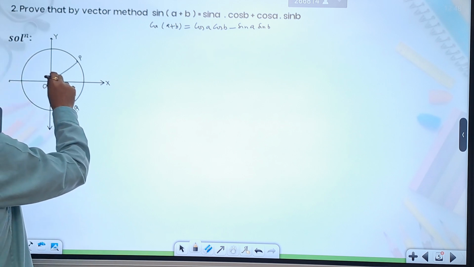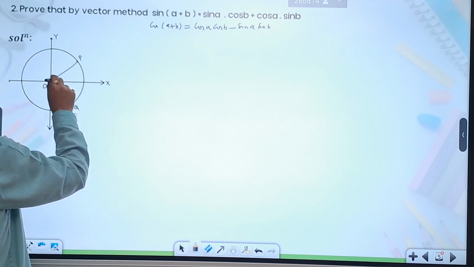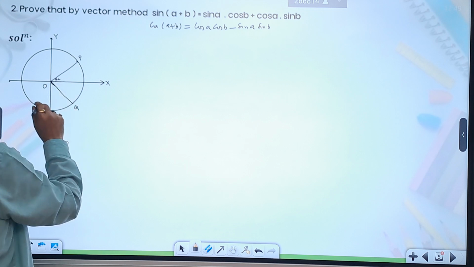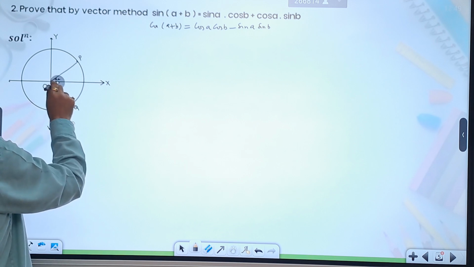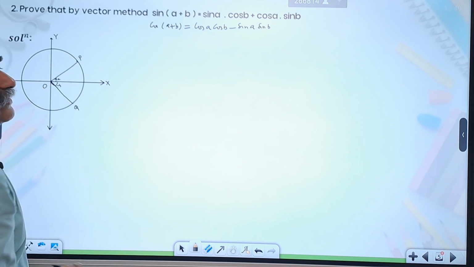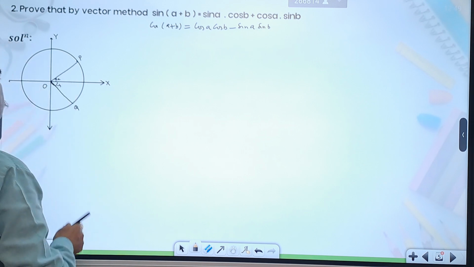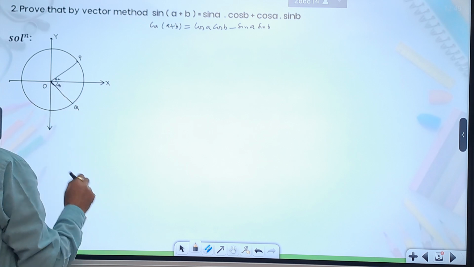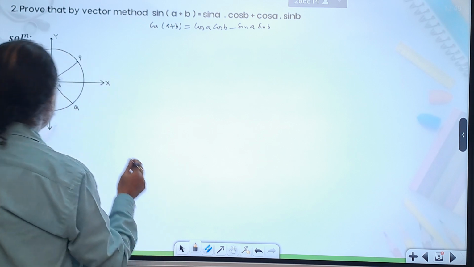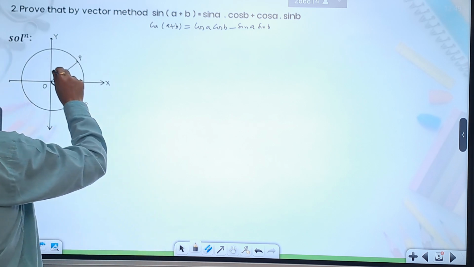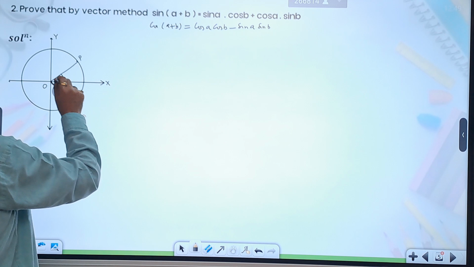OP makes angle A, whereas OQ makes angle minus B, because it is in clockwise direction. And the angle between OP and OQ will be A plus B.